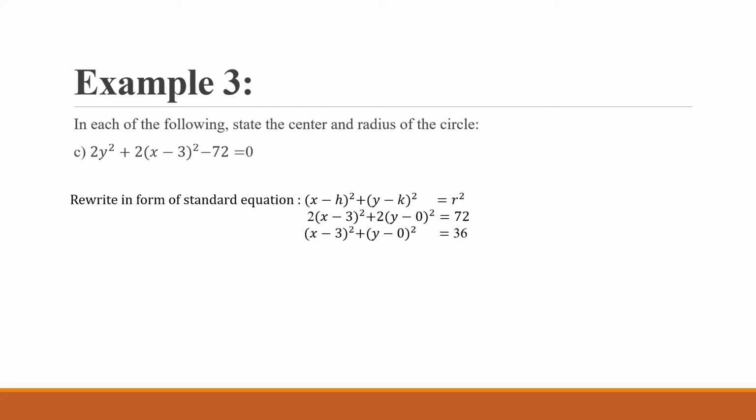Then we divide the equation by 2, we get (x - 3)² + (y - 0)² = 36. So finally, it will become (x - 3)² + (y - 0)² = 6². The value for h is 3, k is 0, r is 6. So the center is (3, 0) and the radius is 6.